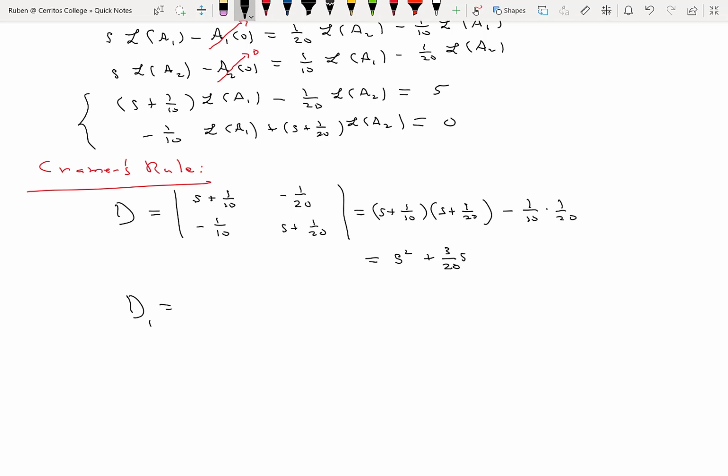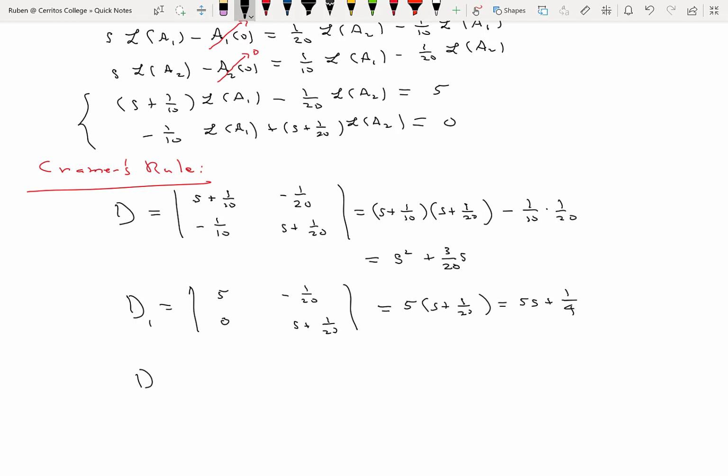D1 we get by replacing the first column with the constants in the system, 5 and 0. And then negative 1/20 and s plus 1/20. And that's a real simple determinant. If I compute it, I'm going to get 5 times s plus 1/20, which is 5s plus 1/4.